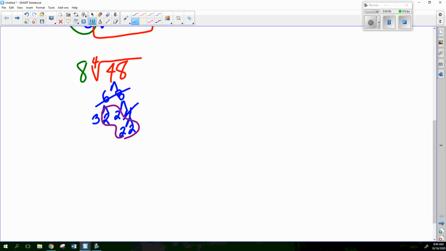Multiply it by the 8. So I end up with 16 in front. What's the rest of my answer? Fourth root of 3. All right? You feel like that's a hard jump from what we were doing? Okay.